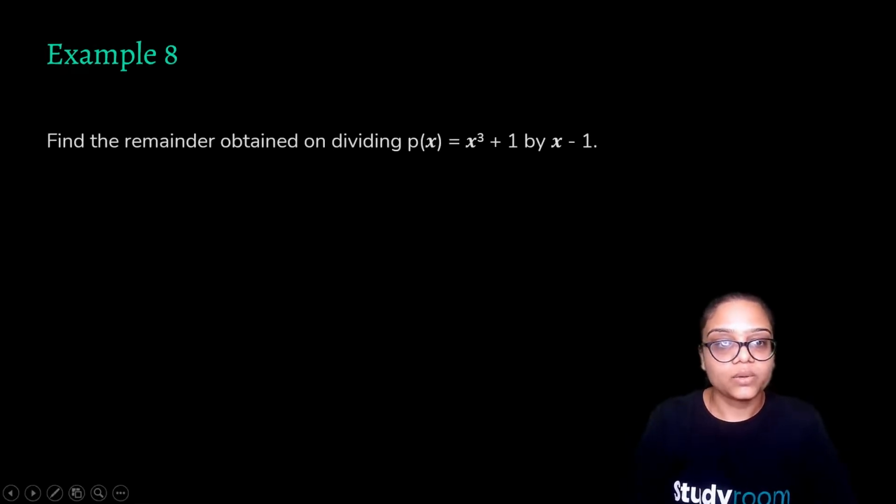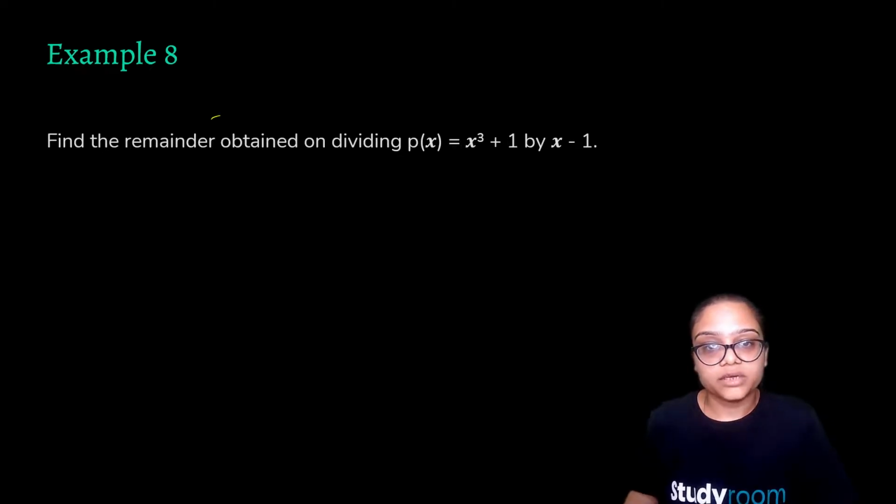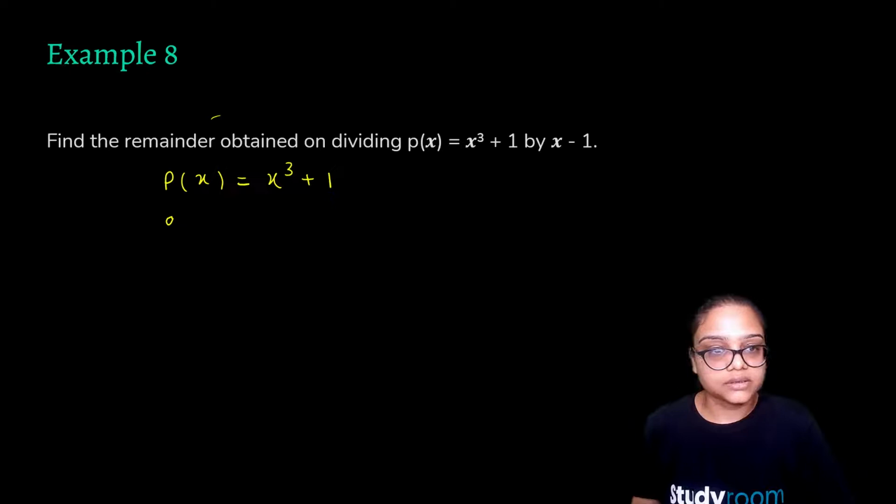Now, find the remainder obtained on dividing it. So the first method was to divide and see. Question: this is the dividend and this is the divisor, and it's given as x minus a.